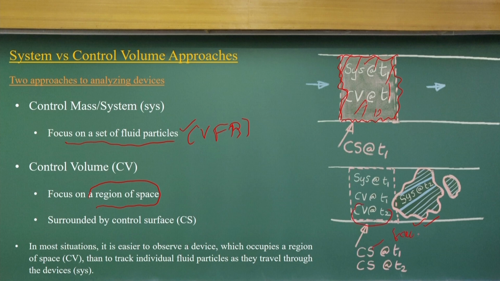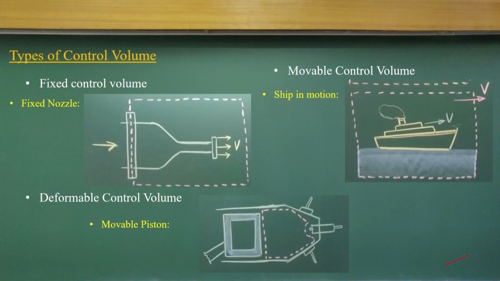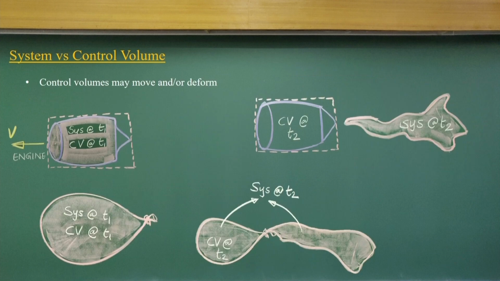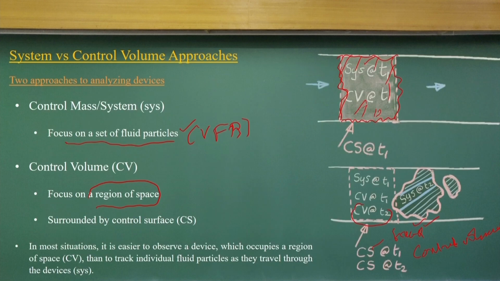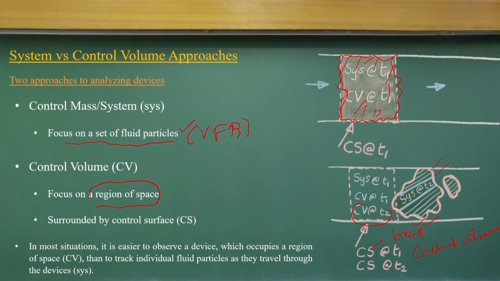But if you look at time t2, if it is a fixed control volume, then the control surface remains the same and the control volume will be there. But the system, which is composed of n number of fluid particles or virtual fluid balls, will at time t2 be in a different place. Maybe they have disintegrated into two pieces.